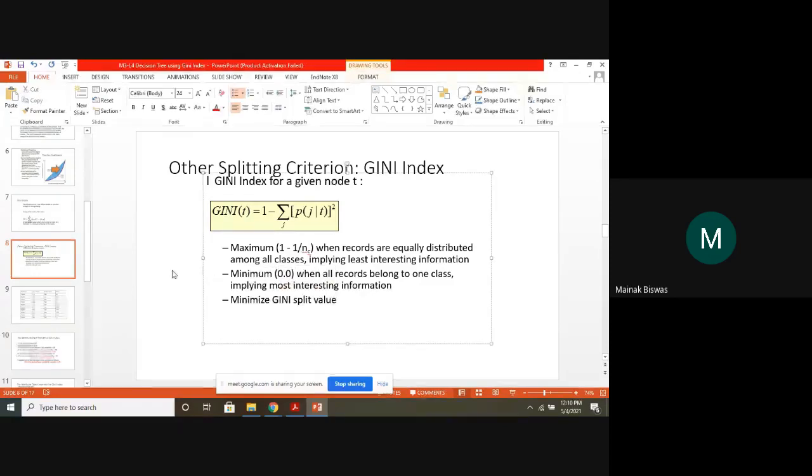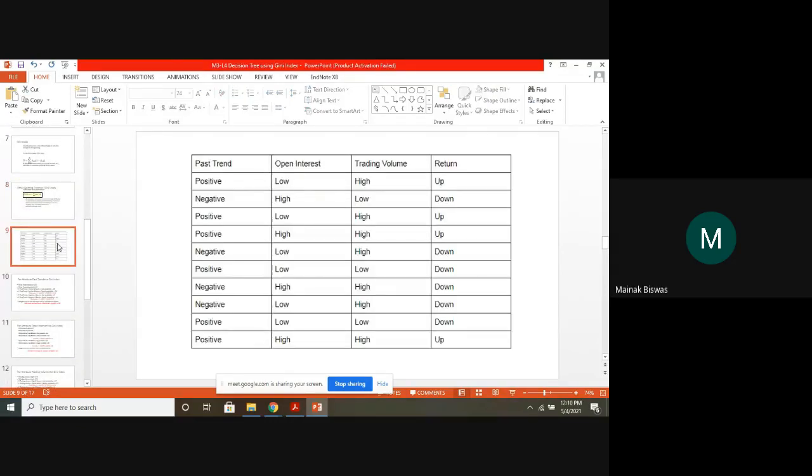So in information gain, what did we find? The maximum information gain. But here, we try to find the minimum Gini index. So this is the example of a stock market.